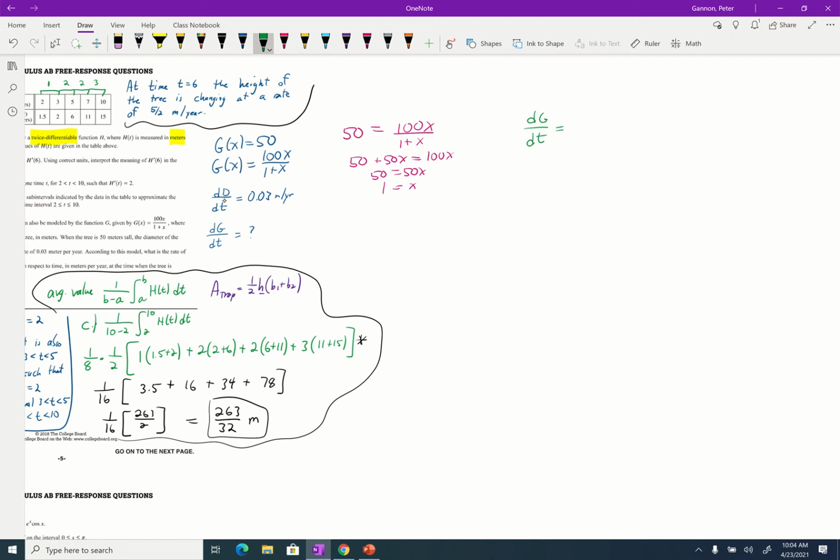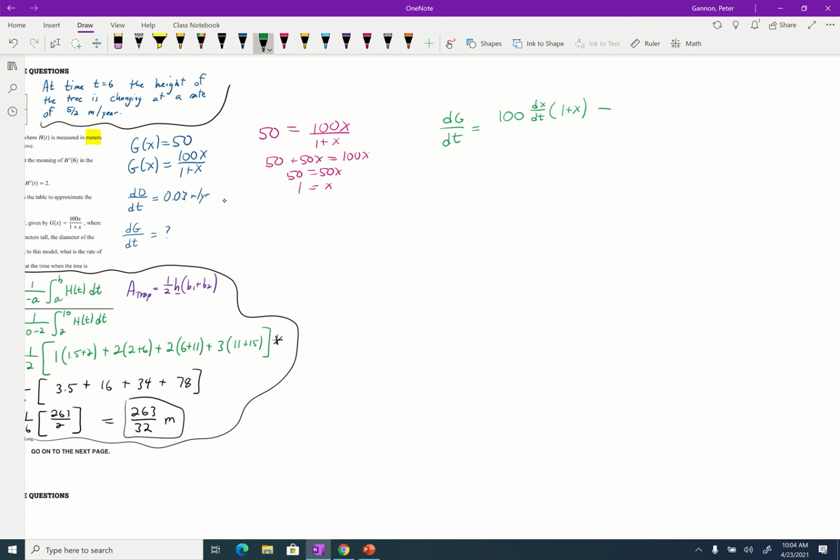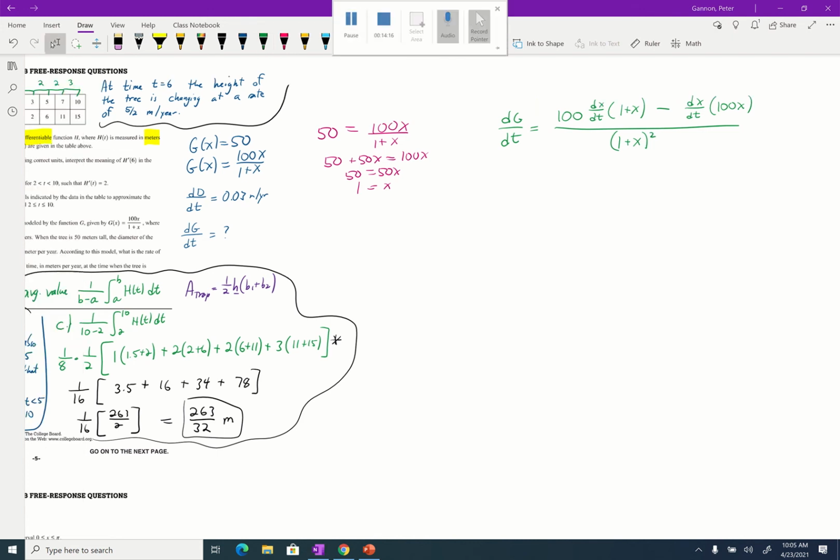So we've got 100, derivative of the top is 100, dx dt times the denominator, 1 plus x, minus the derivative of the denominator, which is 1, dx dt times 100x over the denominator squared. One thing that we have is we've got these unknowns of dx dt and x. We said x was 1.